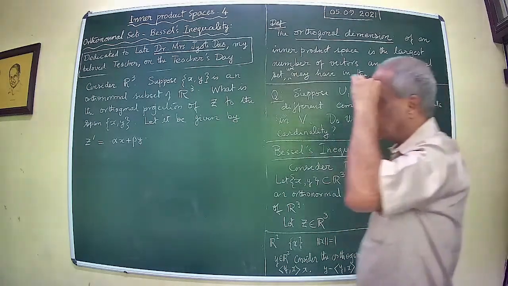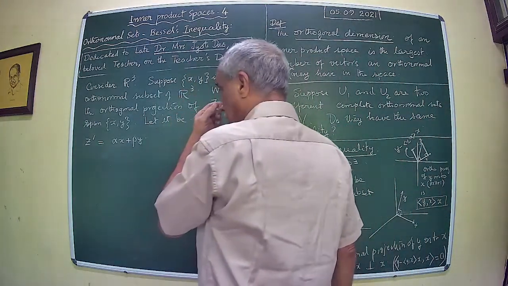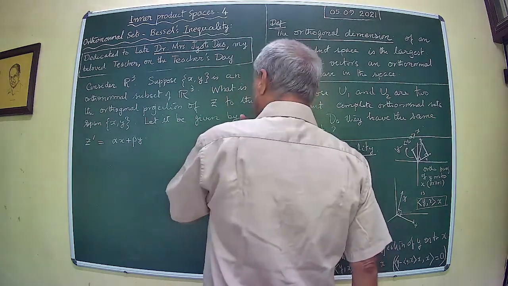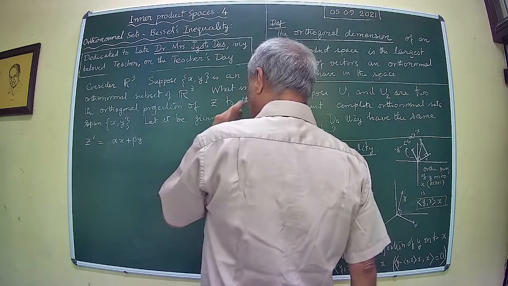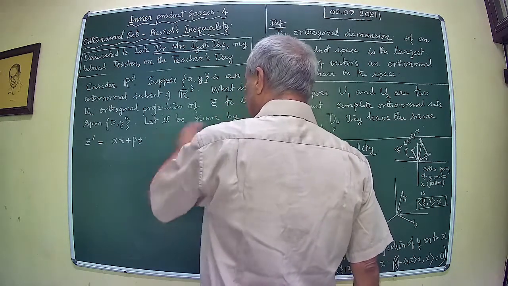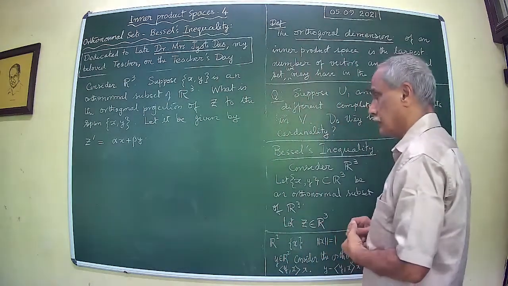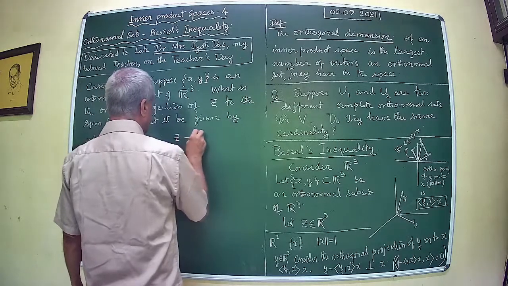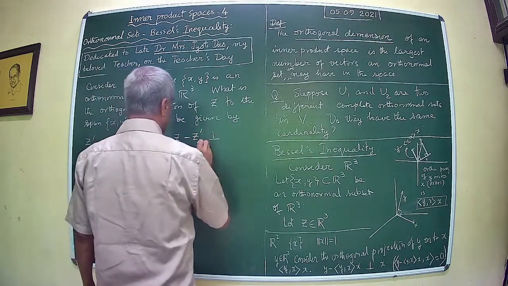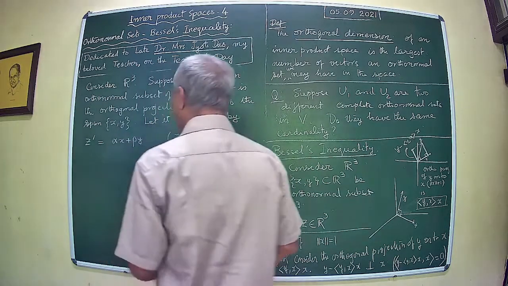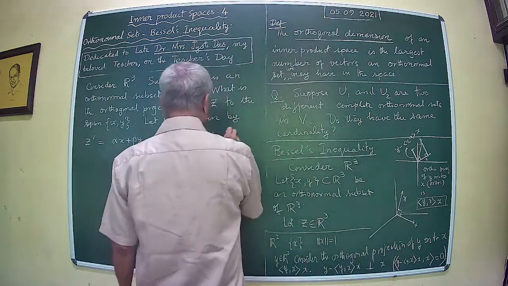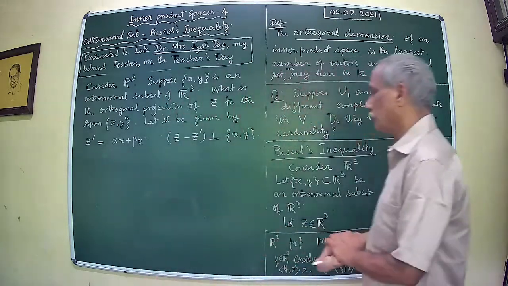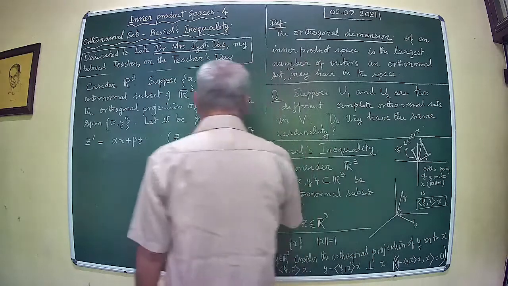Now we want alpha x plus beta y orthogonal to, and we want this to be the orthogonal projection of this. What does it mean? It means you want z minus z prime to be orthogonal to x, y, or the span of x, y.